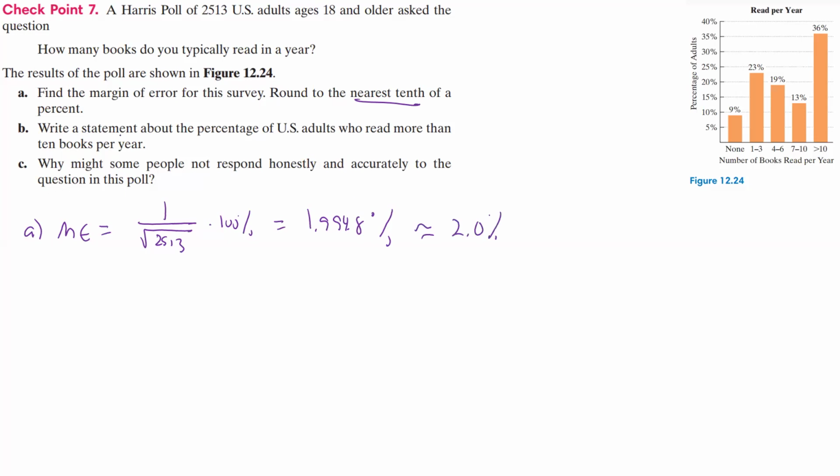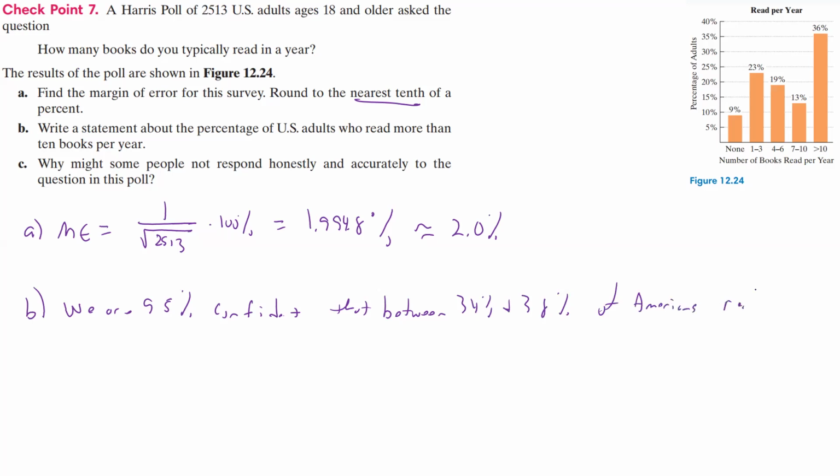Now we need to write a statement about the percent of U.S. adults who read more than 10 books per year. We said we were 95% confident that between 34% and 38% of Americans read more than 10 books per year.